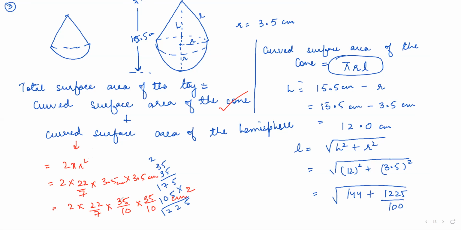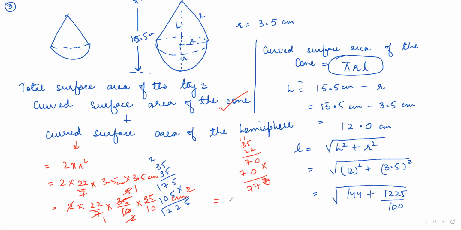Again, solve it. So 7 into 1, 7 into 5, right? 5 into 1, 5 into 2, so 2 cancel out. So don't disturb this 10, just multiply 22 into 35. 2 into 5 is 0, 7, 770 I'm getting, right?